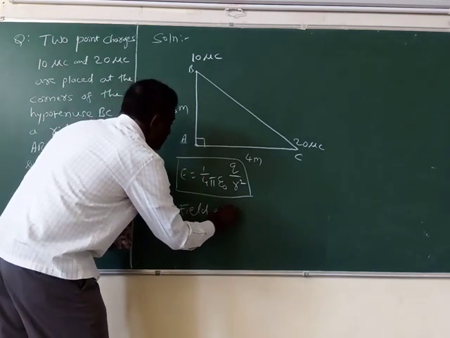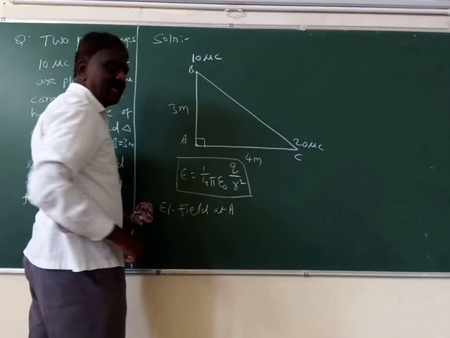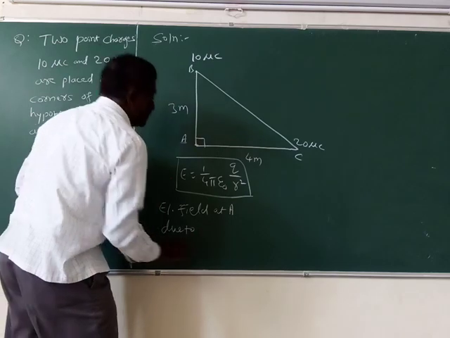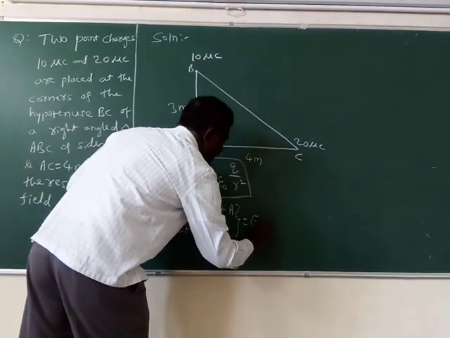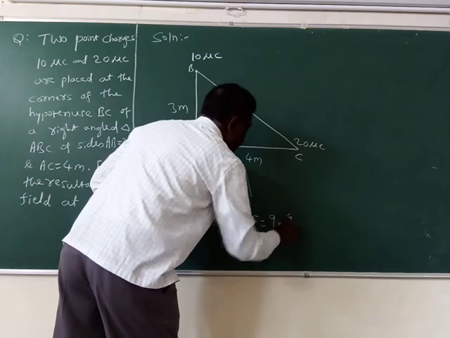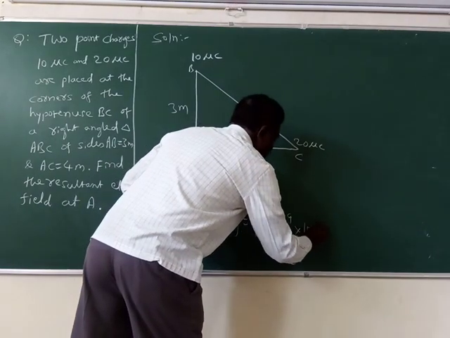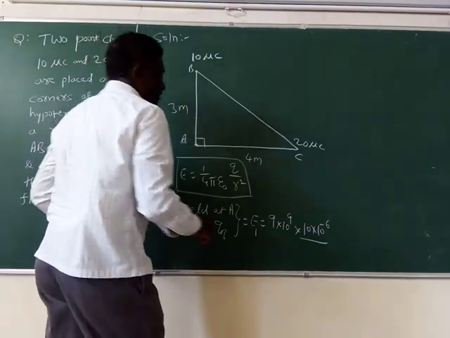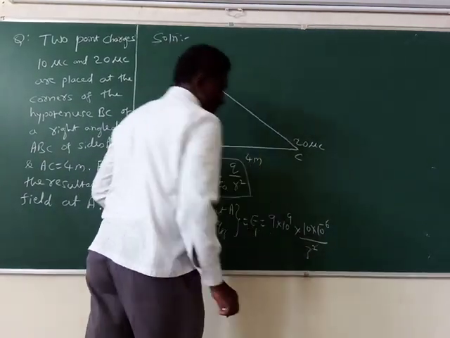Electric field at A due to charge at B, QB, is E1 is equal to 1 by 4 pi epsilon naught, which is 9 into 10 to the power 9, into charge at B, which is 10 into 10 to the power minus 6 (micro), divided by AB square, which is 3 square. 3 square is 9. 9 gets cancelled.